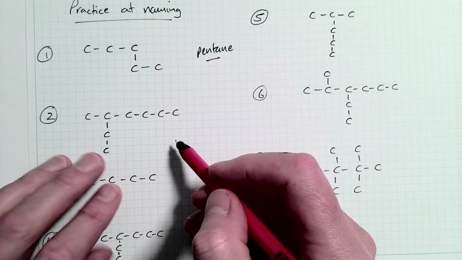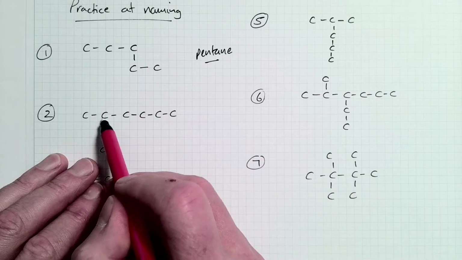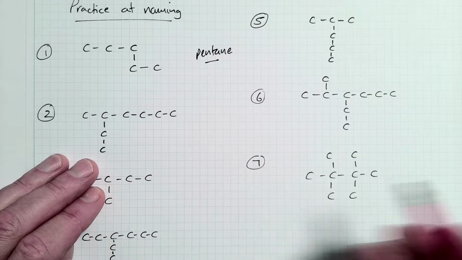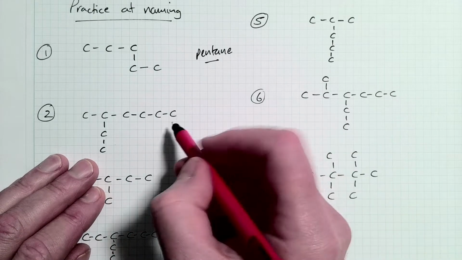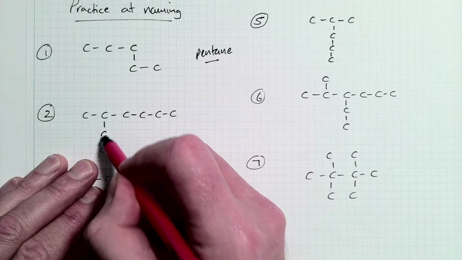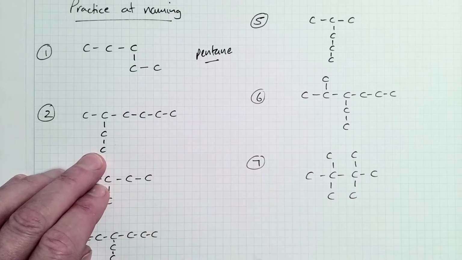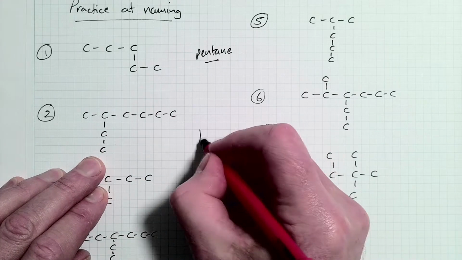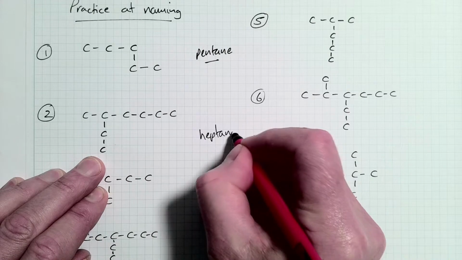Let's look at the next one, number 2. 1, 2, 3, 4, 5, 6, if we go along there. So we might think this is a hexane base molecule, but let's just check. 1, 2, 3, 4, 5, 6, 7. So the longest chain in this molecule is a heptane.